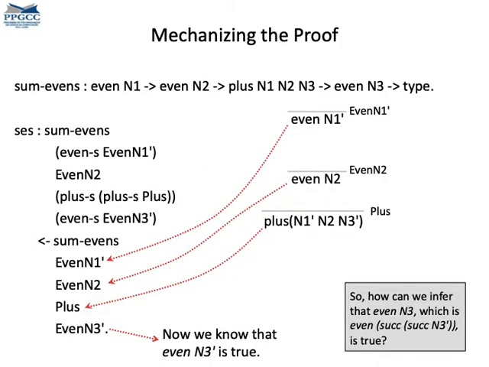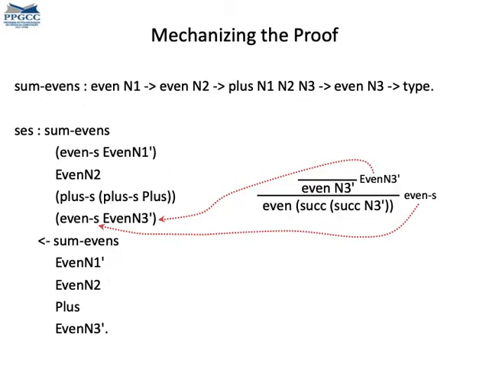So here's how that looks like in Twelf. We take the known facts and build a new fact through induction. So these three facts, they are known, and here's the fact that we derive out of induction. And then we derive our goal using this new known fact.